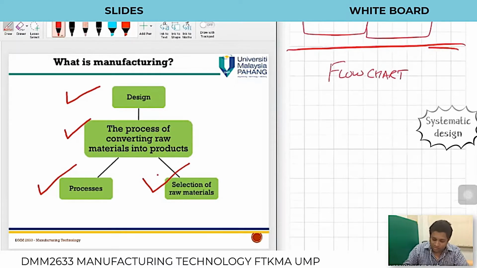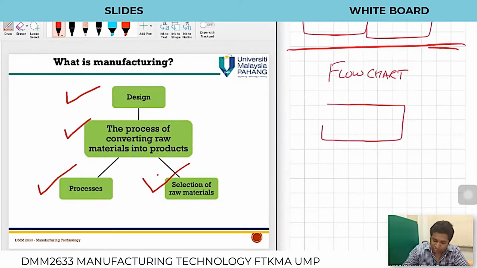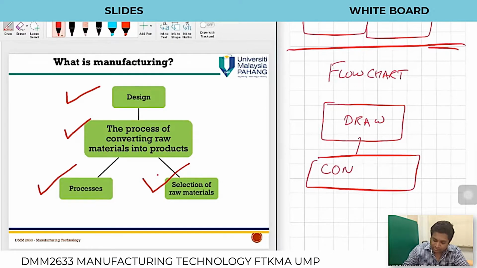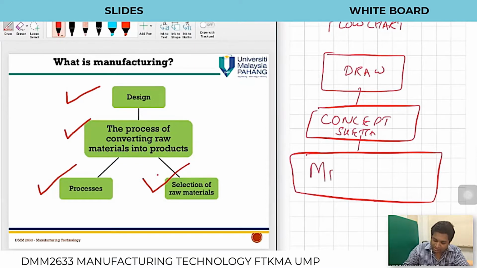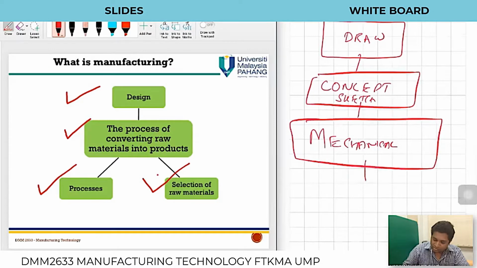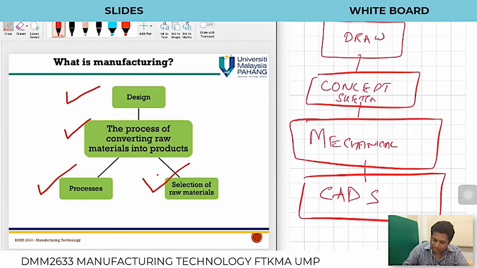What you do is that first you make a drawing sketch, then you make a conceptual drawing, a concept sketch, then you do mechanical calculations. Then you design it in CAD software, computer aided design software.